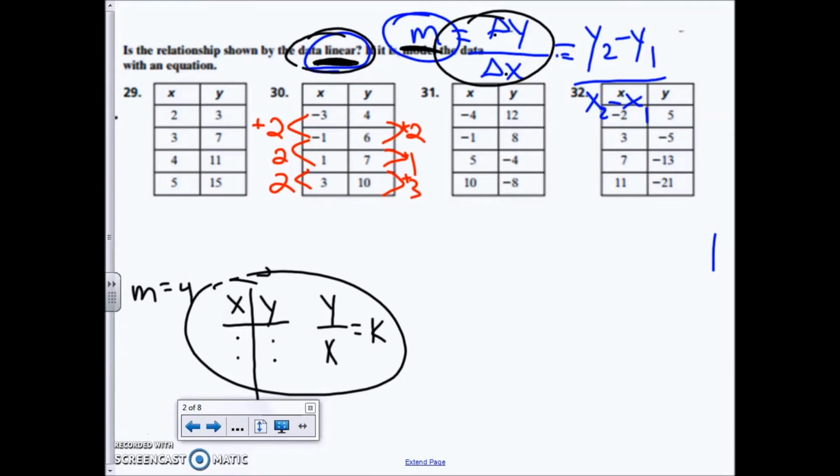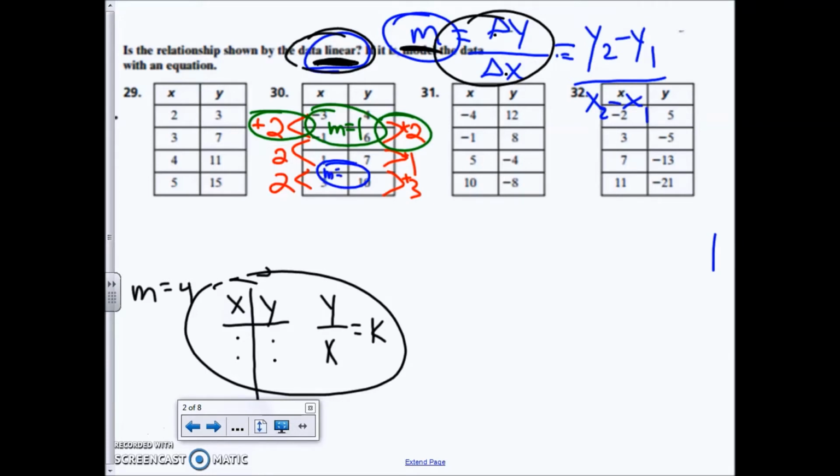So if you look at this here, this 2 is the change in y, that's the change in x. So between these two points, that's constant. What's the slope? 2 over 2, which is 1. But what about between these two points here?